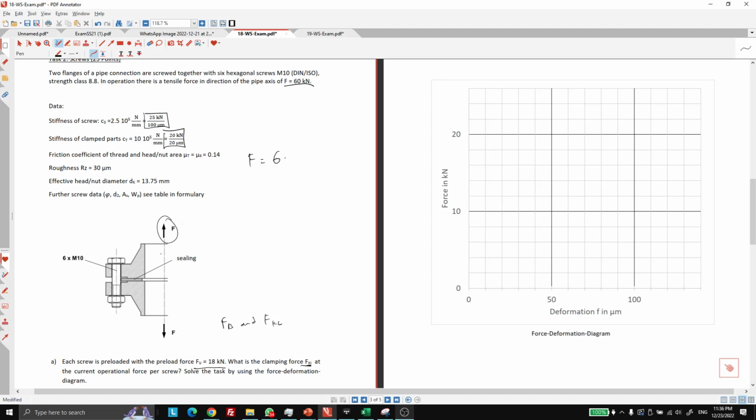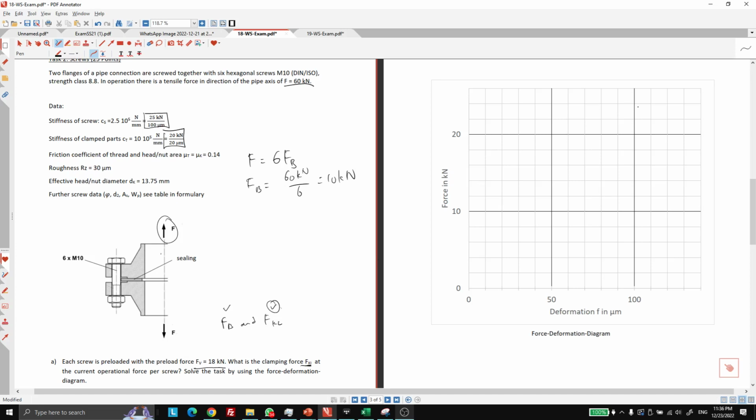In this case, it will be FB, so our FB is 60 kilonewtons divided by 6, which is 10 kilonewtons. That means each of the screws has to handle 10 kilonewtons by itself. That is the required information that we have, and we can find FKL later on. First things first, plot according to what is given over here.